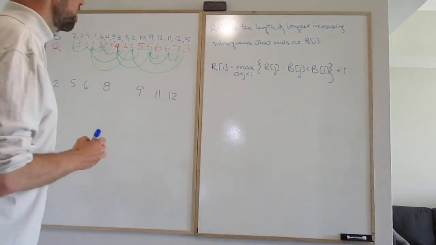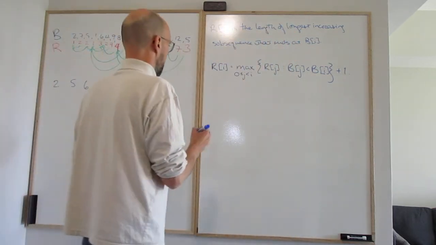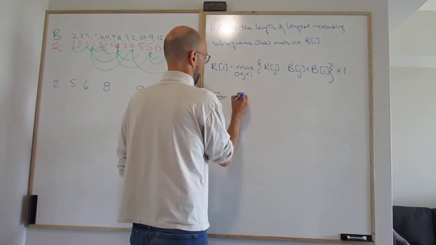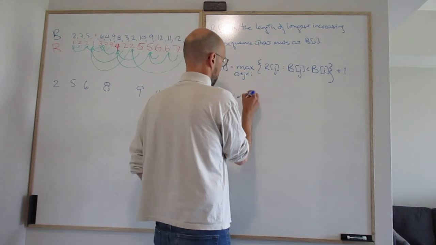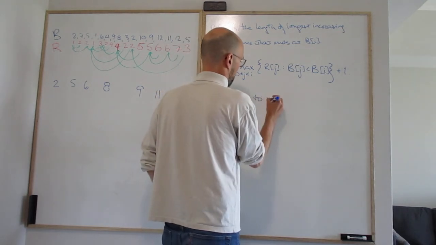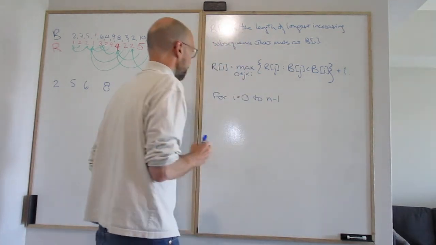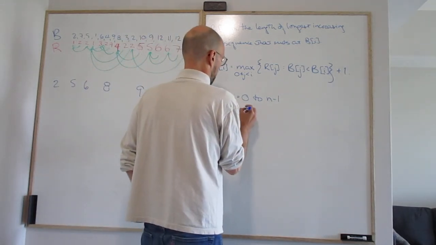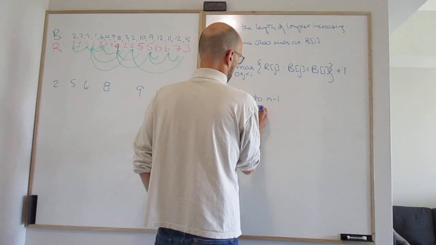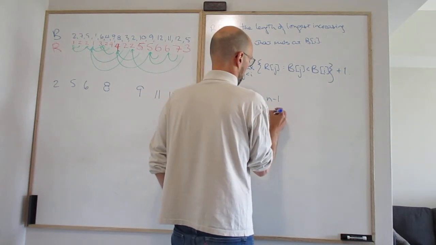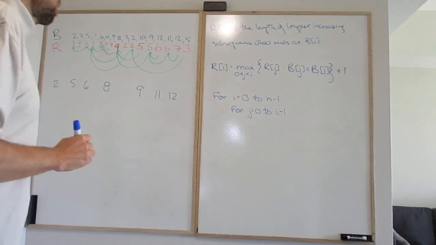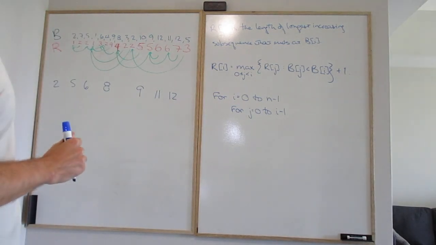So, how do we do this? Well, we just say for i equals 0 to n minus 1, for j equals 0 to i minus 1. And then we realize, oops, I should have stuck a max in there.